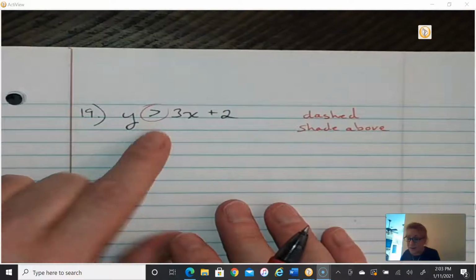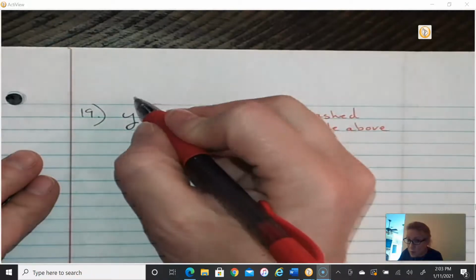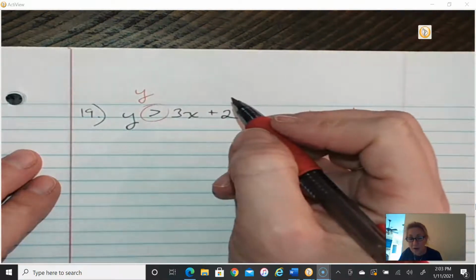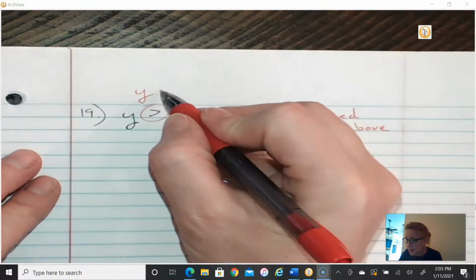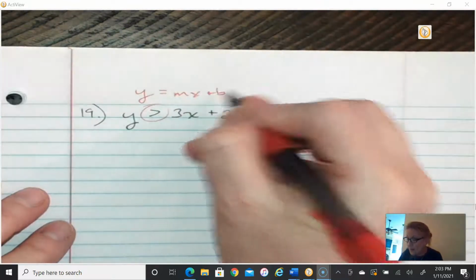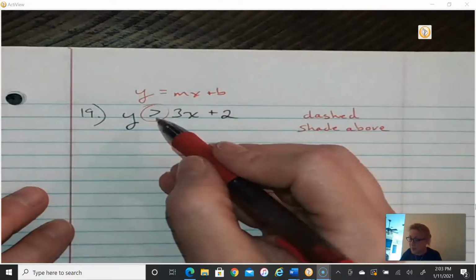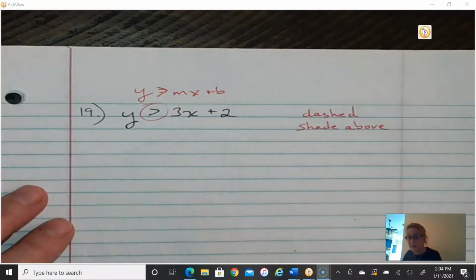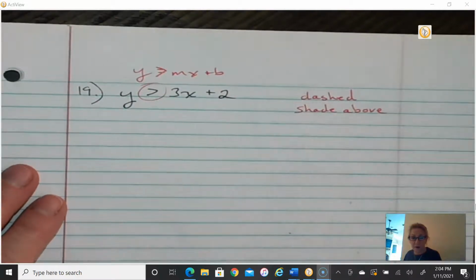Okay, so now we can do it. Now we're graphing. That other one was just weird. But remember, because I do have new students, when we're graphing, it has to be in that y equals mx plus b format, which this is, okay? But we're substituting with an inequality. So this is already in the correct format. We don't have to move stuff around.